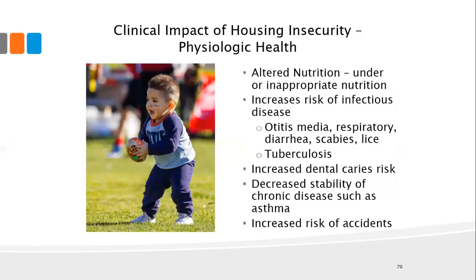In the physiologic realm, families challenged by housing insecurity have many reasons to be at risk of either under or inappropriate nutrition, leading to malnutrition, stunting, or paradoxically obesity. They may skip meals, worry about food, and consume foods with low nutritional quality and high fat content.